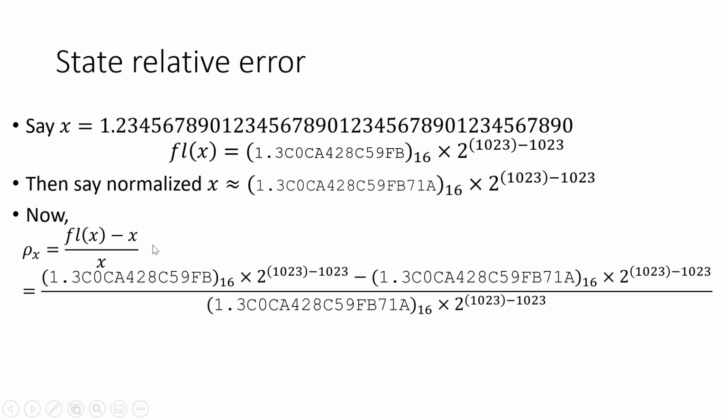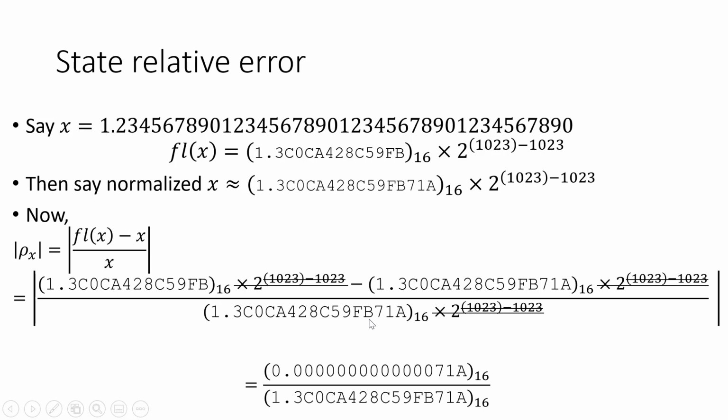Now when I look at the relative error, I put in the floated value minus the true value divided by the true value. That's what we've done a number of times. And now, remember, like we did in the decimal, I could just kill these exponents and look at it from an absolute perspective.